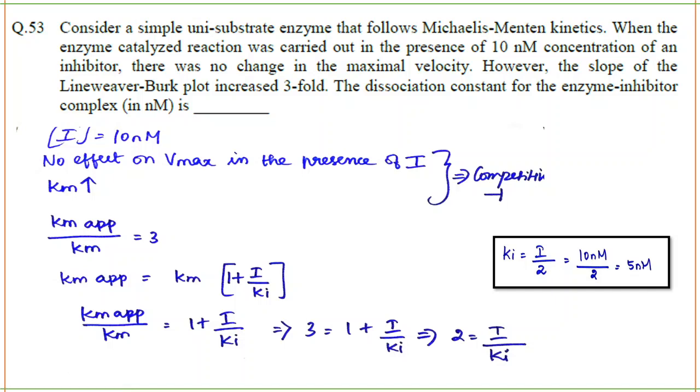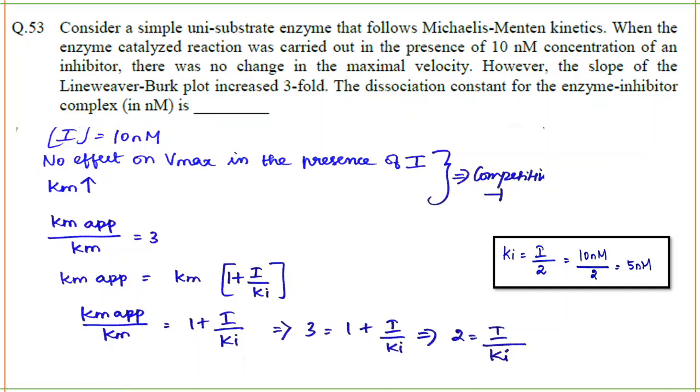Slope of Lineweaver-Burk plot means what? What does the slope tell you? Km by Vmax. So if the slope is increasing, which means the Km value is high. So from this statement, we can find that Vmax is same, but Km is increasing, that too 3 times, 3 folds.